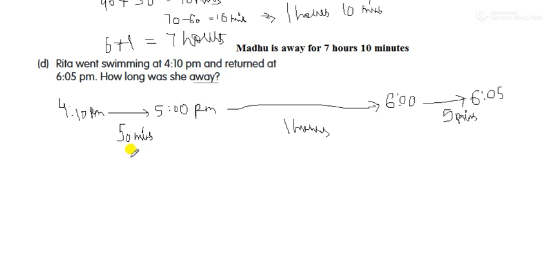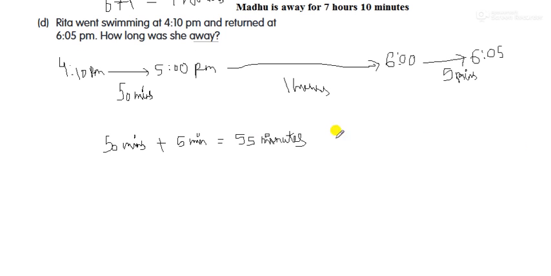Next, add the minutes here, 50 plus 5 equals 55 minutes. So less than 60 minutes here. Now here, 1 hour 55 minutes.